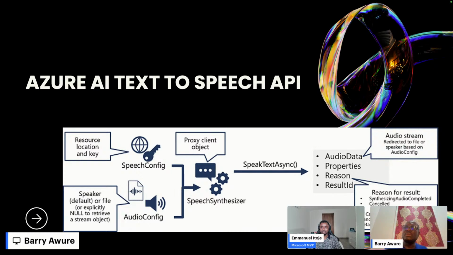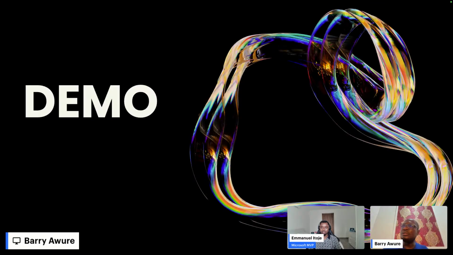So this is how humans communicate, and this is how Azure Speech Services has made it simple for us to make our applications more human interactive, right? So that's what the demo is all about.